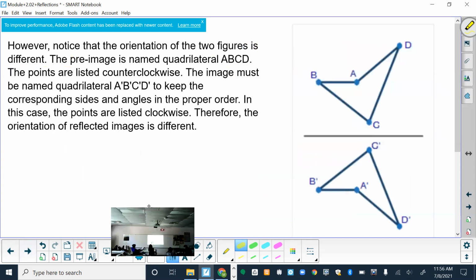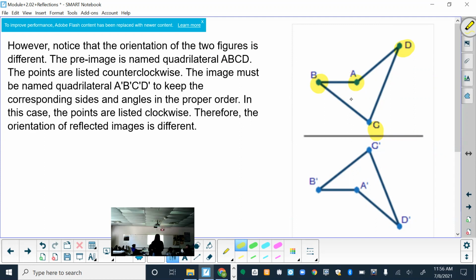So here's an example of a reflection. Notice that it is a mirror image, just like your hands are mirror images of each other. But notice that the orientation of the two figures is different. So in this first one, we read it A, B, C, D. The points go counterclockwise, meaning they go towards the left, the way that you read them.